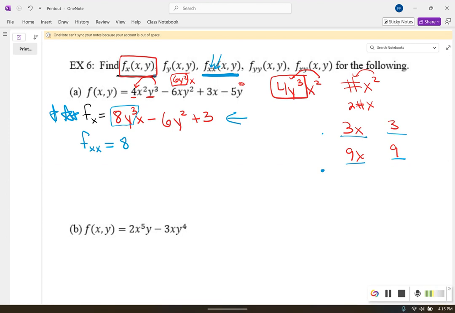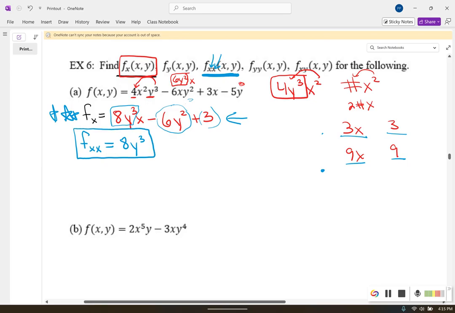It's just a number times x, so derivative is just going to be that number. With respect to x, the derivative of negative 6y squared is 0. And with respect to x, derivative of 3 is 0. So this is our answer for f sub xx.